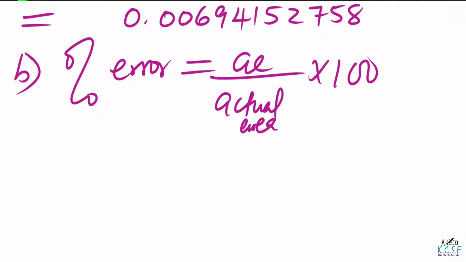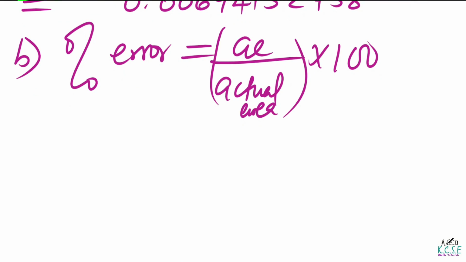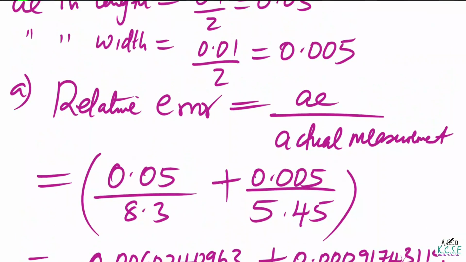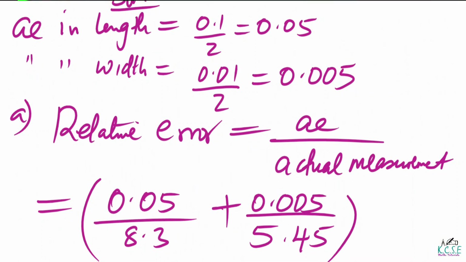And you notice that this part represents the relative error. So you can use either this or this; it is the same thing, because absolute error over the actual area in this question is the same as the relative error, since relative error is given by absolute error over the actual measurement.